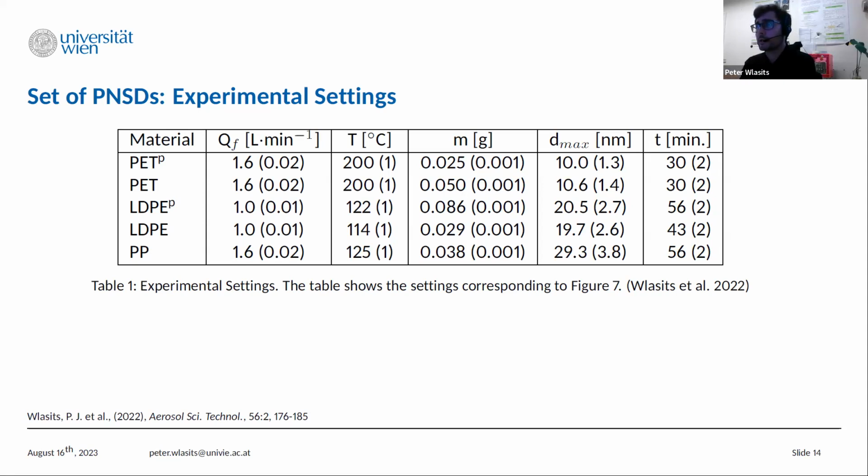What's interesting to see is that the maxima of the commodity version and the higher purity version of a material are always more similar than the position of the maximum for a distribution of another material. So for the two PET materials, the maxima are around 10 nanometers. For the LDPEs, it's approximately 20 nanometers, and for the PP we have 30 nanometers, so the biggest particles.